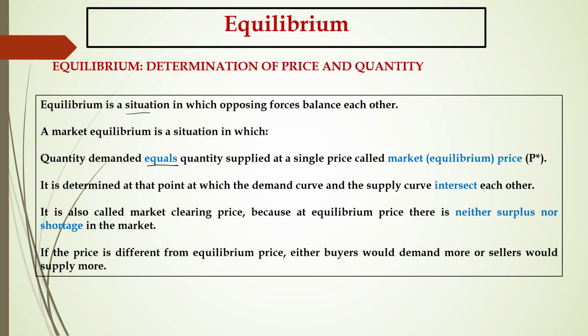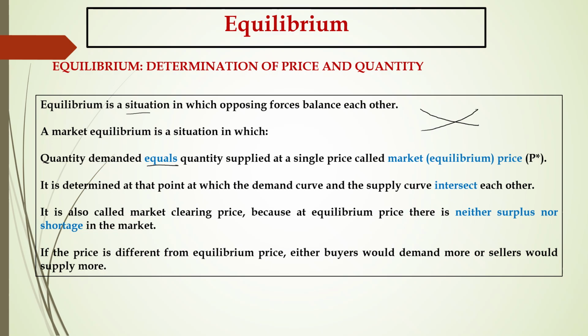In the previous graph I already told you about the demand curve. This is my demand curve, moving from left to right, downwards. The supply curve is moving from left to right, upwards.